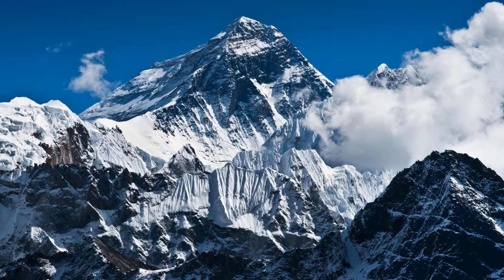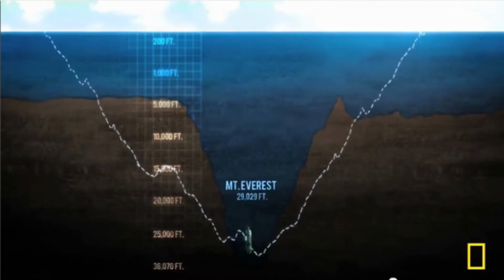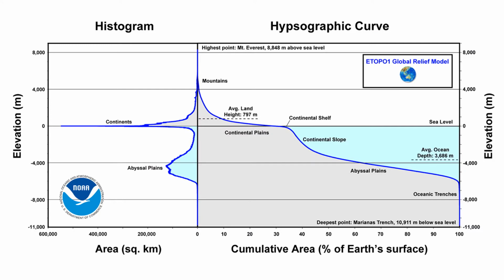The elevation of the peak of Mount Everest, the highest point on Earth, is 29,029 feet. The depth of the Mariana Trench, the deepest point in the ocean, is 36,070 feet. So, all elevation values on Earth fall in the range of negative 36,070 and 29,029 feet.